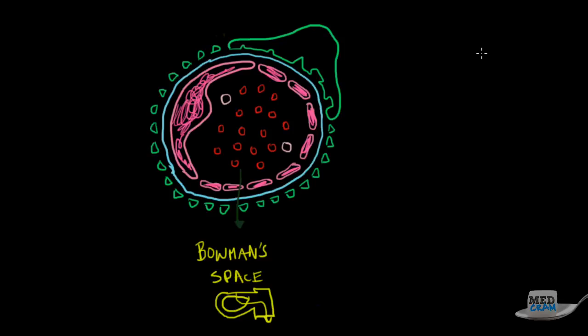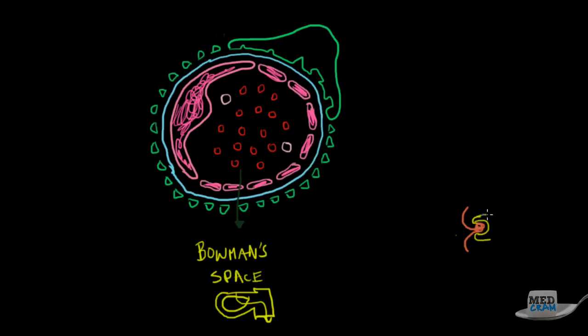If you can remember the schematic of what a glomerulus looks like, you'll remember that you've got a vasculature that comes in and then leaves, and you've got a Bowman's capsule here that picks that up. That's what we're looking at here in this picture.